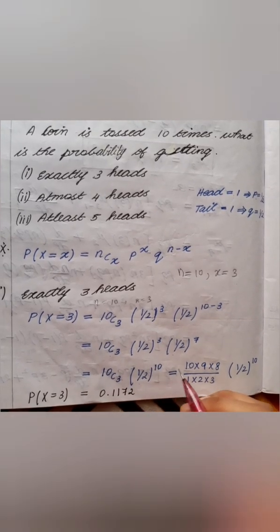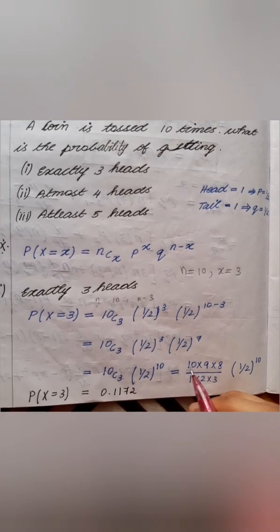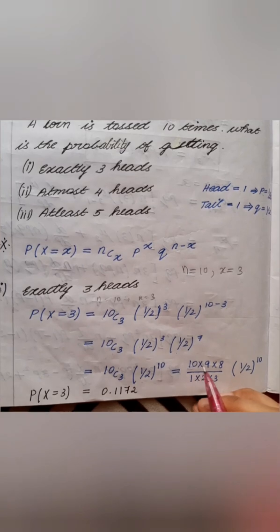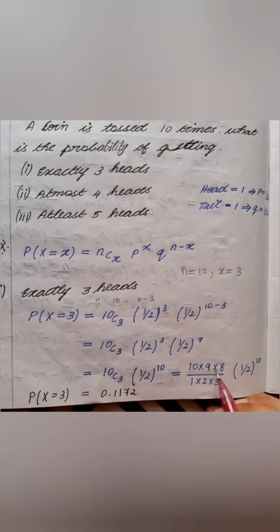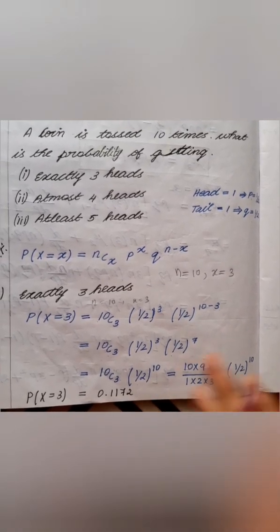Then in the next step, 7 plus 3 becomes 10 because the base is the same. For 10C3 we are substituting the formula (10 x 9 x 8) divided by (1 x 2 x 3), then (1/2)^10. After solving we will get this.